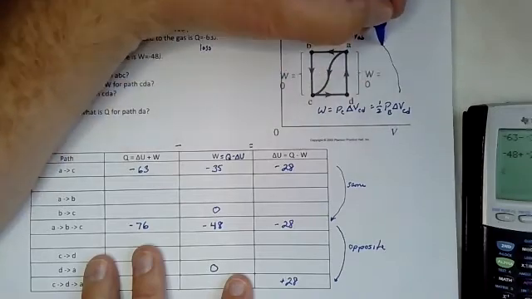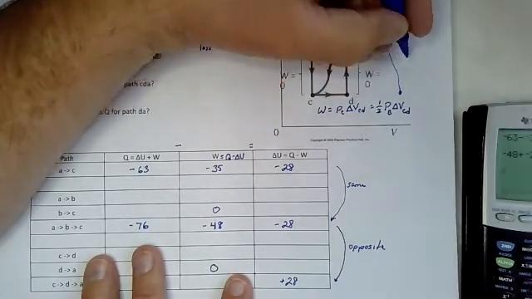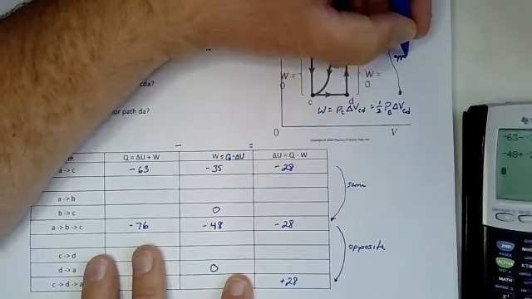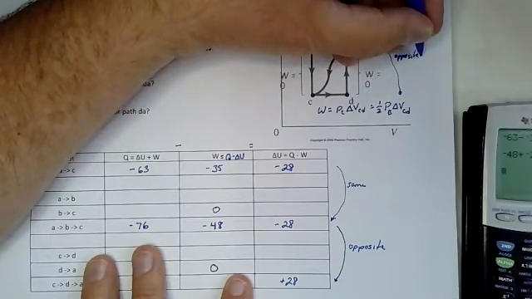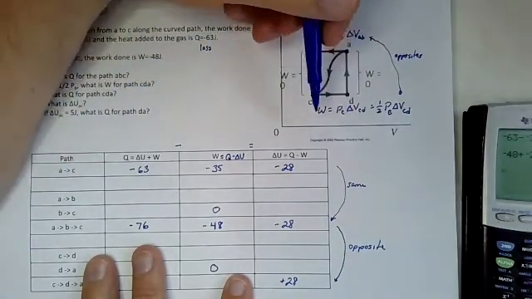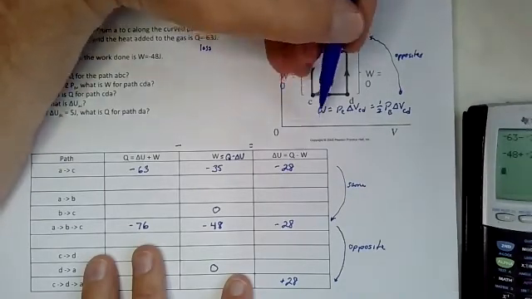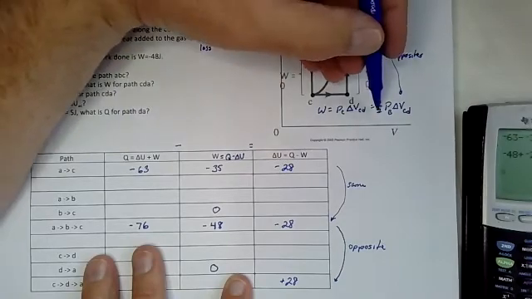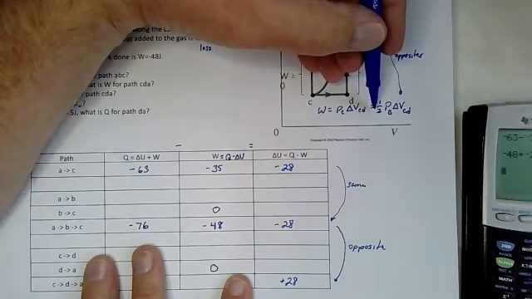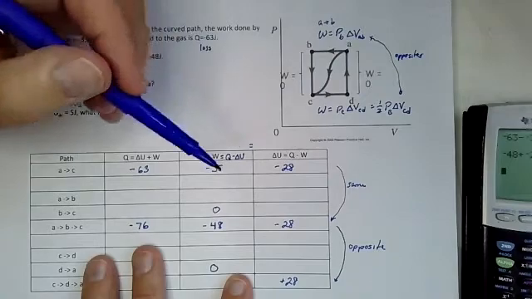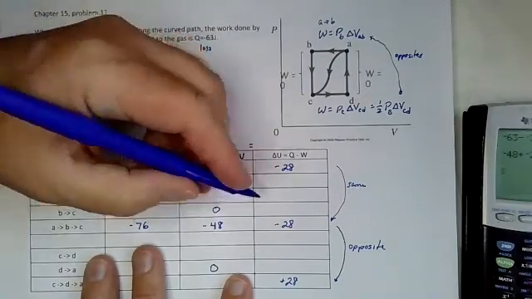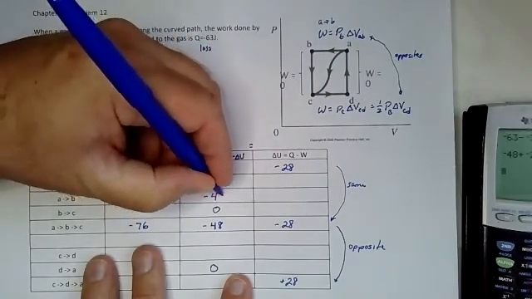So these are opposites, but otherwise it's the same number. So that means that these two are going to have the same magnitude, but cut in half. And so the work done in going from A to B was actually right up here. That had to be negative 48.